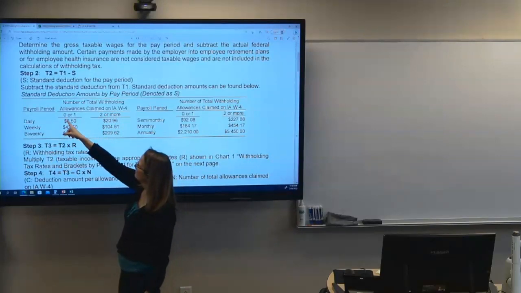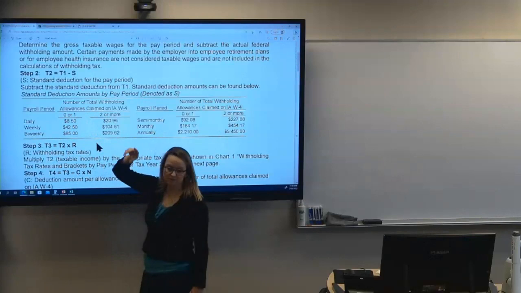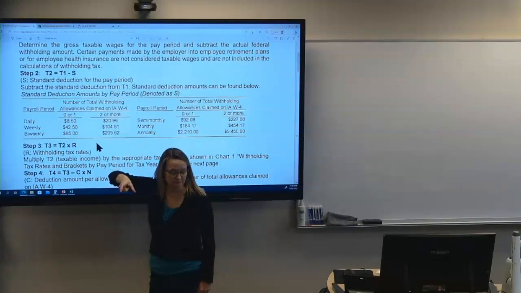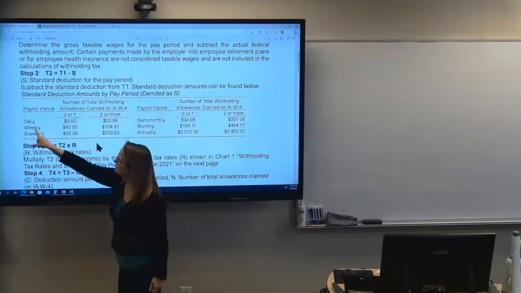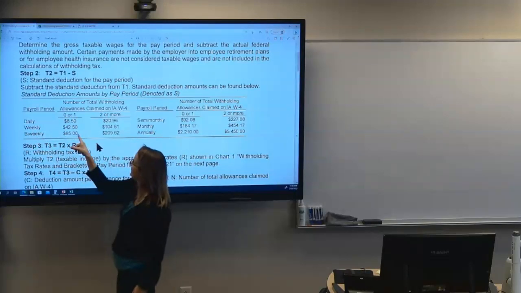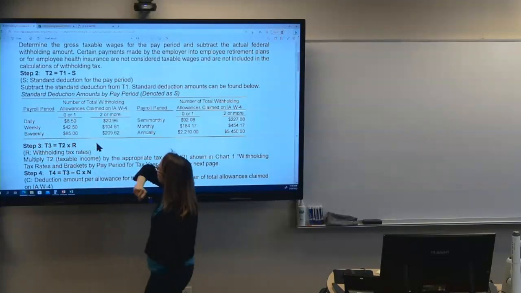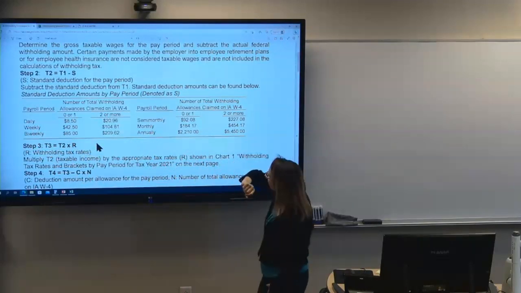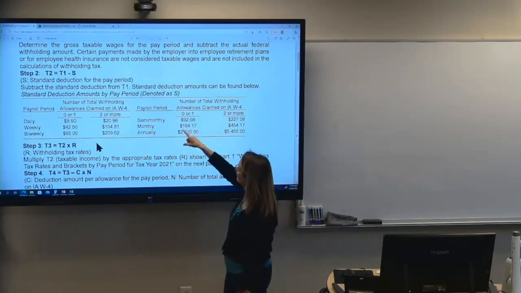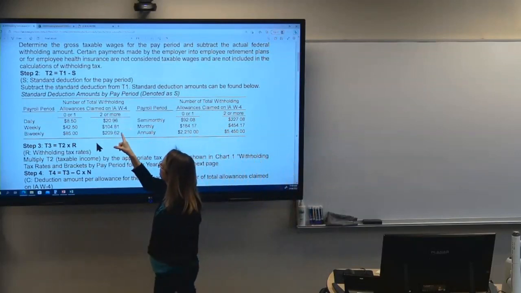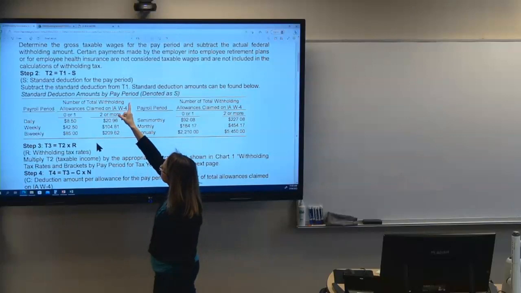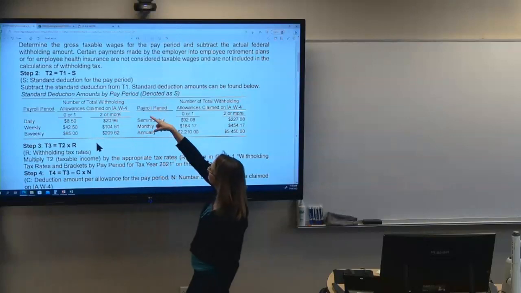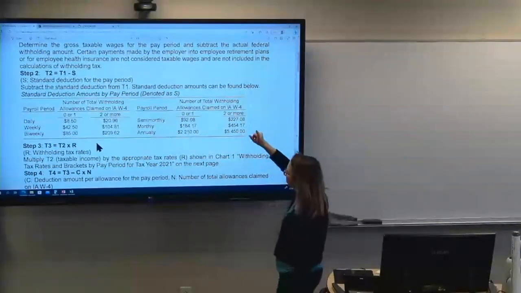If you claimed 0 or 1 allowance on that W-4 form, you would use the corresponding frequency of pay, and there's your standard deduction. If you have 2 or more, then this is what you're going to use. So subtract the standard deduction from your result in the first step.